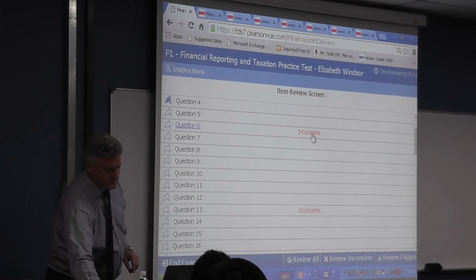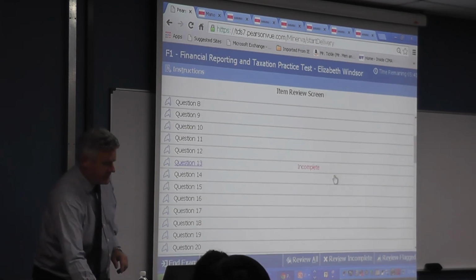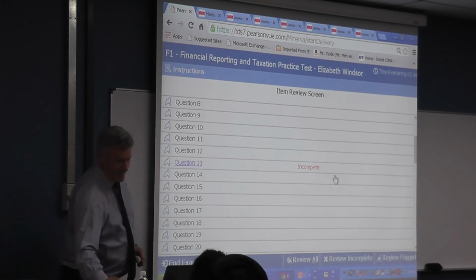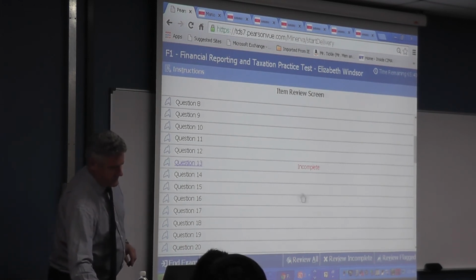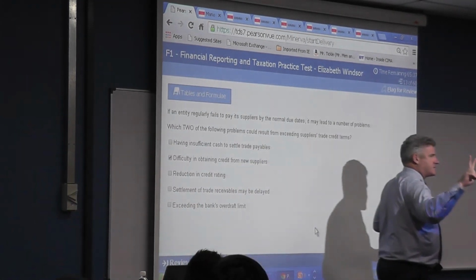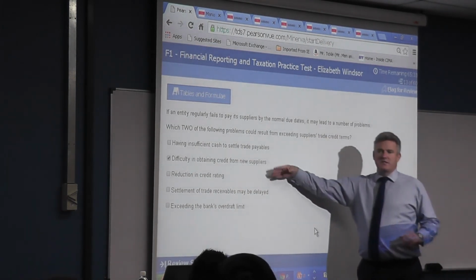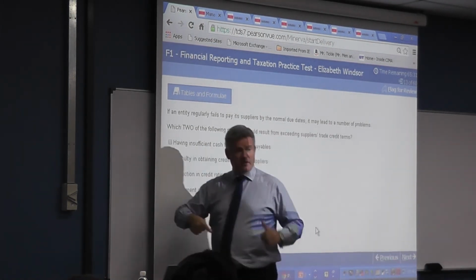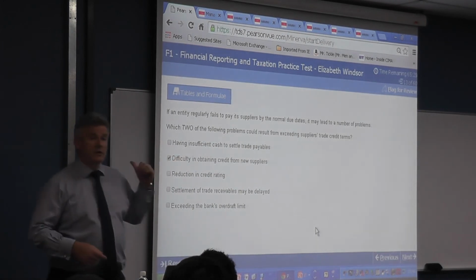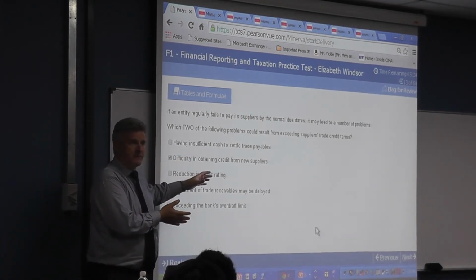Right? Now, I'm going to start on question 13. Because you might remember when I get there what I've done with question 13. Question 13 was the question that asked for 2 things to be ticked. And I had accidentally unticked one of them before pressing next. So only left 1. So the program has picked that up for me.